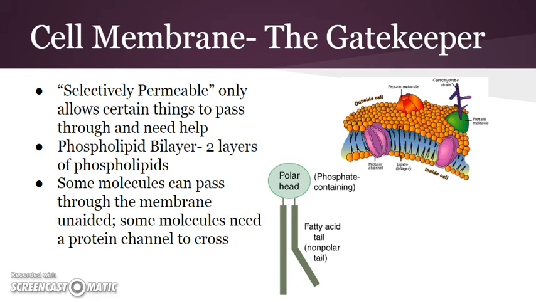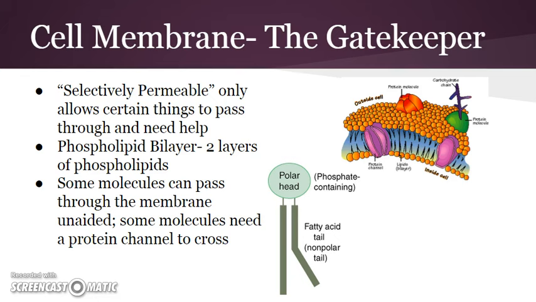The cell membrane is also the gatekeeper. It's selectively permeable, meaning it only allows certain things to pass through, but other things need help. The phospholipid bilayer is two layers, and only certain things can get through it.